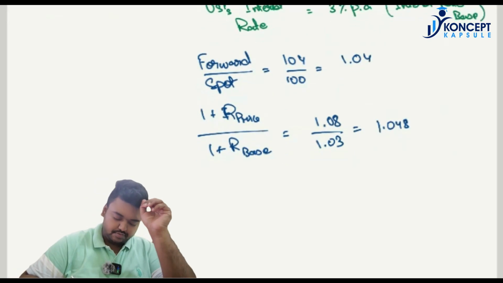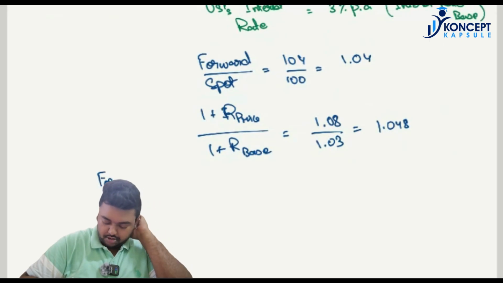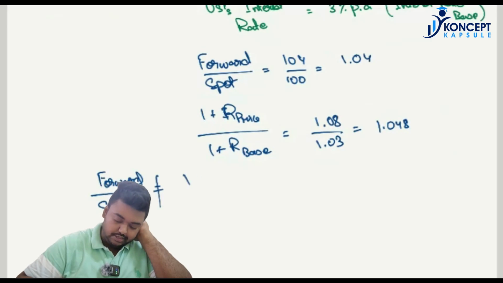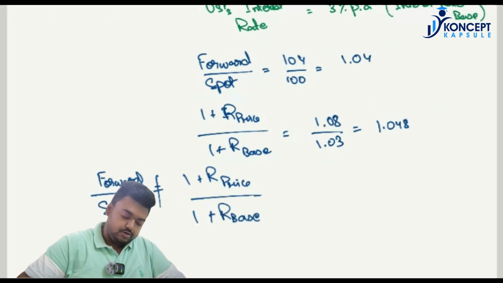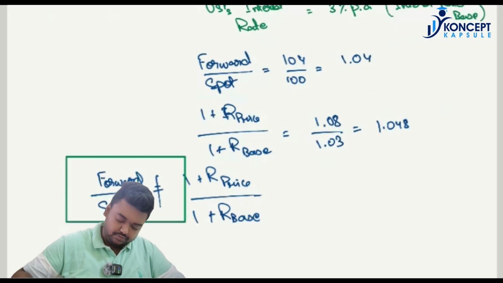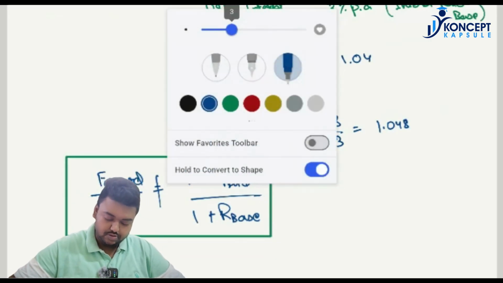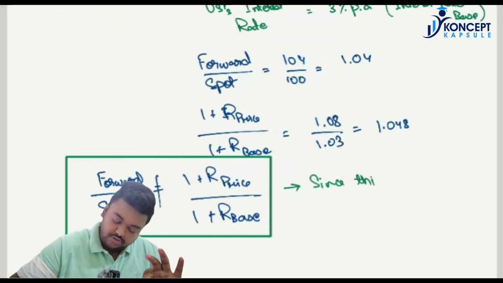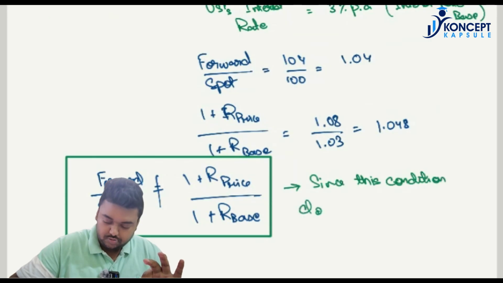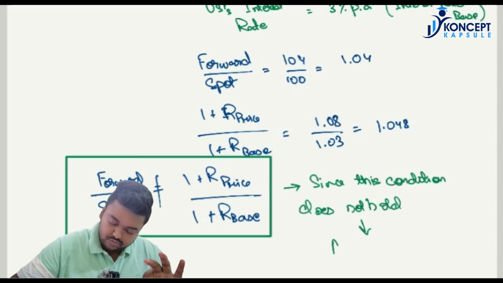So can we say forward by spot in our example is unequal to 1 plus interest rate of price divided by 1 plus interest rate of base? Correct. Then what do we need to conclude? Since this condition does not hold, arbitrage should exist. Yes or no?